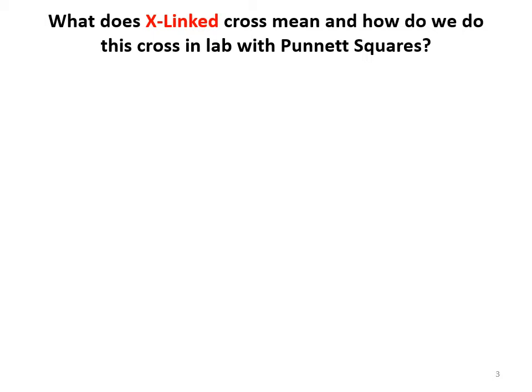Okay, and so that means if you have a mutant allele, it will be found on an X chromosome. Now that means that you need to think about which chromosome each gender is getting from their parents. So is it an organism that's going to have 2 X chromosomes as its gender, or is it going to have an X and a Y? And since this is a gene only found on the X chromosome and not on the Y chromosome, that can greatly affect what we see.